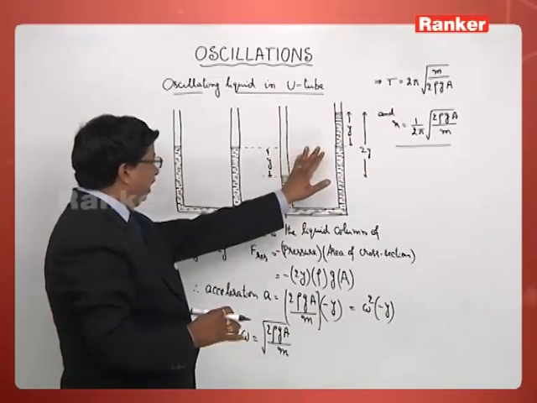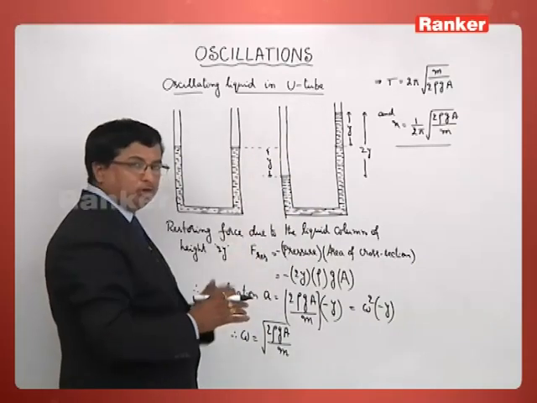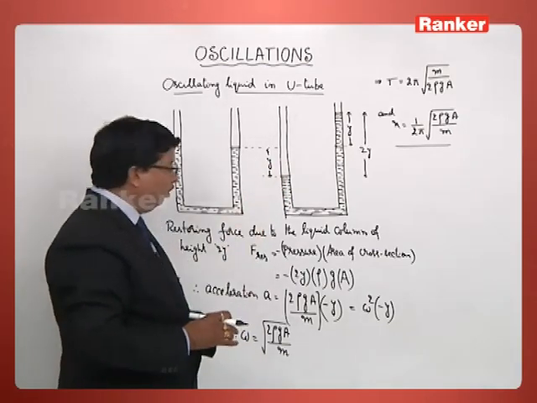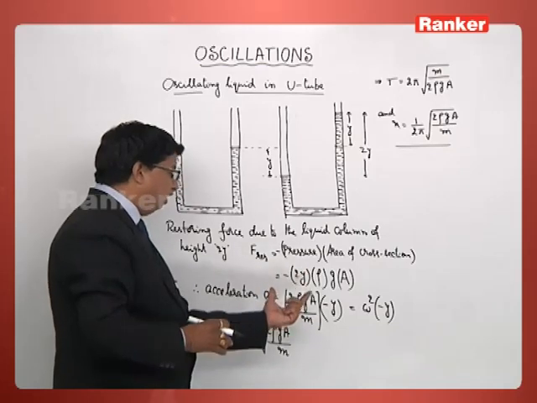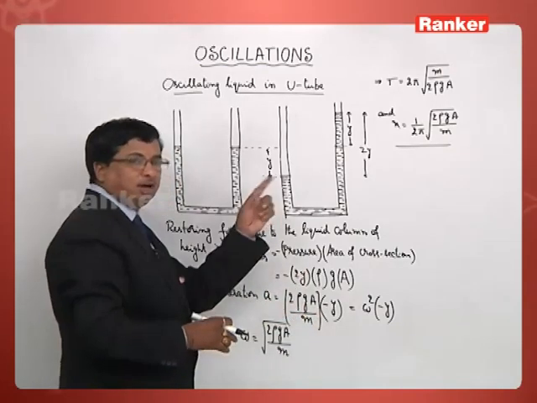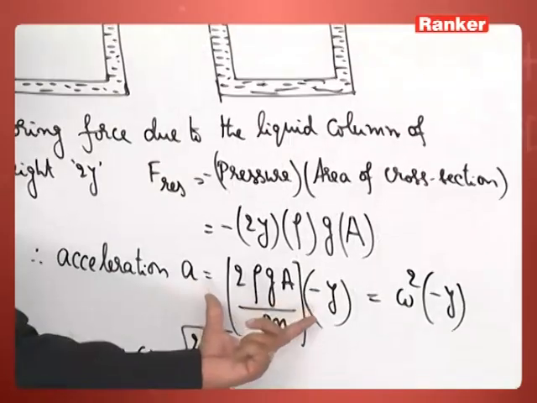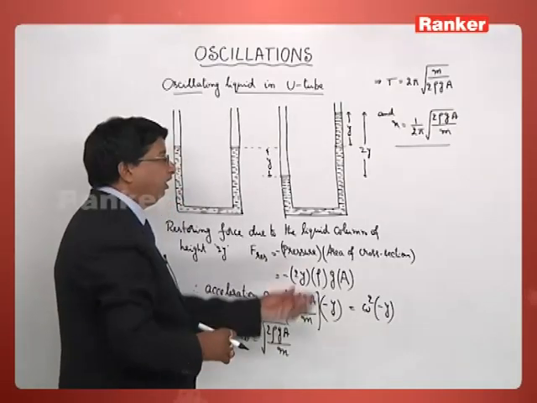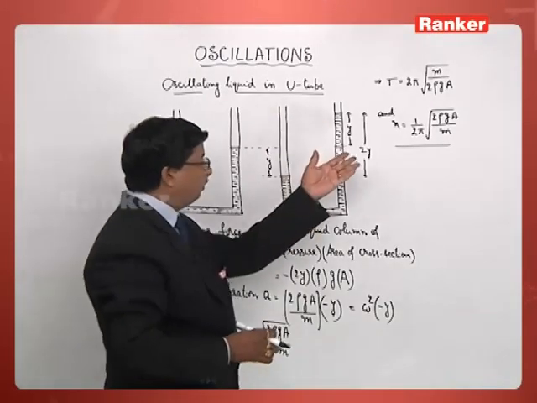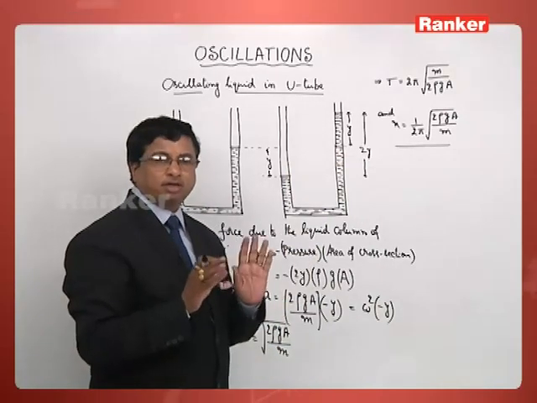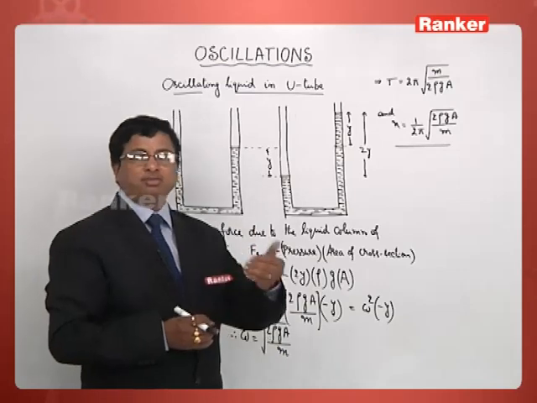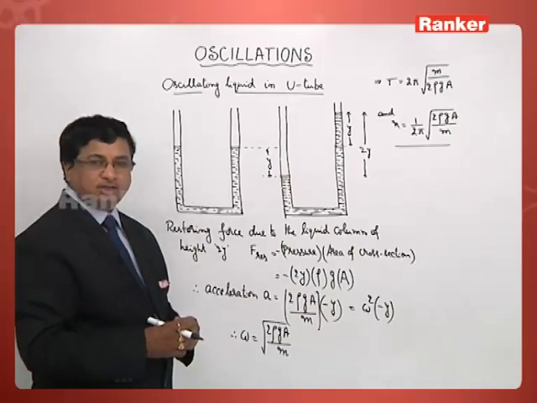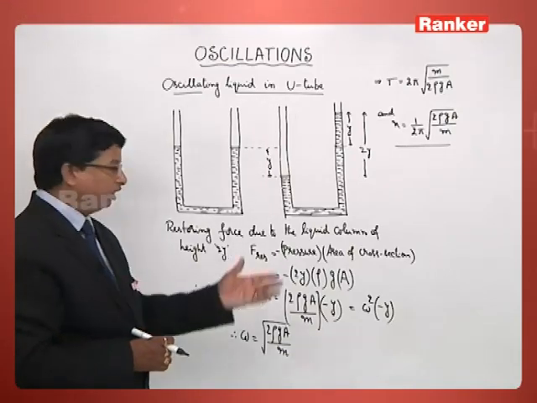So when the oscillating liquid in a U-shaped tube makes simple harmonic oscillations, the basic equation tells us that the oscillations are simple harmonic. After getting this, its angular frequency, time period and linear frequency can all be calculated from the basic equations. So this is another example where we can observe simple harmonic motion once again.